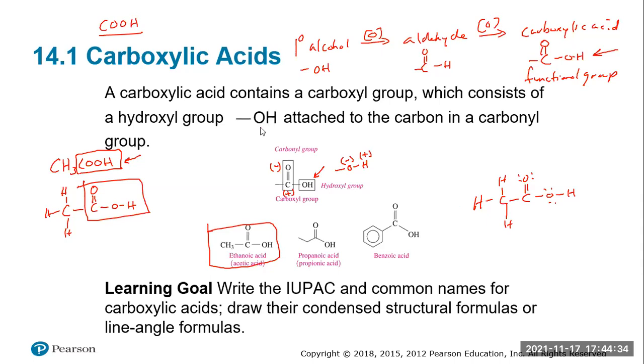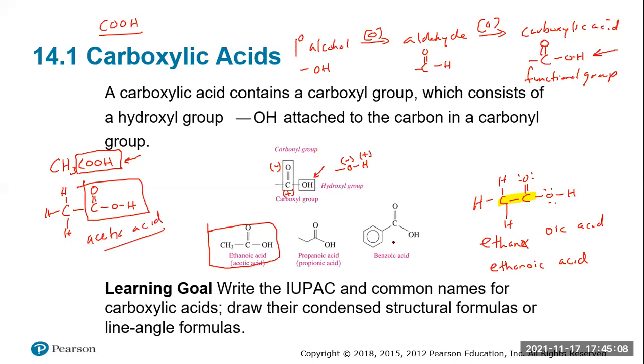So if we look at this guy, he has got 2 carbons. So 2 carbons is going to be based off of ethane. We're going to drop the E, and since this is a carboxylic acid, we're going to put OIC acid at the end of it. And this is what is known as ethanoic acid. By the way, it is also known as acetic acid, the major component of vinegar.